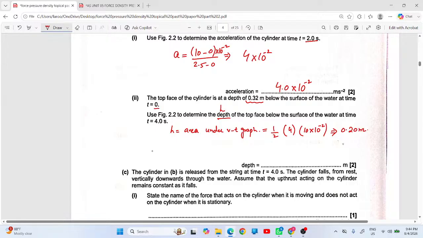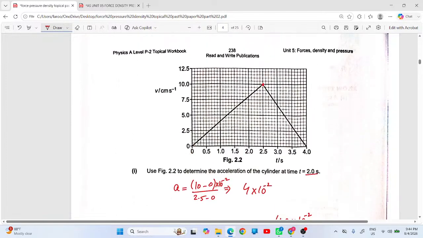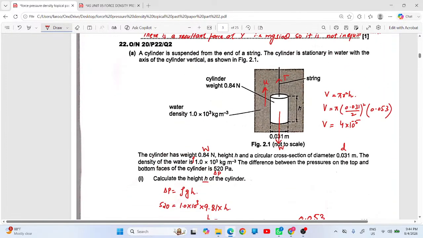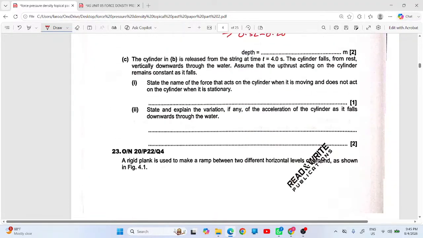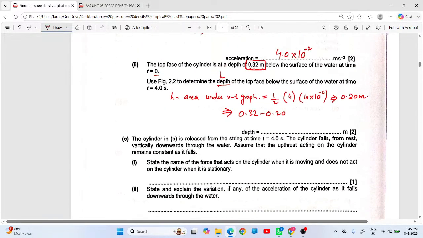0.20 meter, okay, this is the total area. अब कहते हैं the top face of the cylinder is at this much depth, इतनी डेप्थ पर है. So therefore 0.32 minus 0.20, उसमें से इसको माइनस कर देंगे ना. इतनी तो ऑलरेडी हाइट पर था, ठीक है. The top face of the cylinder is at depth 0.32 below the surface of the water at time t equals 0.